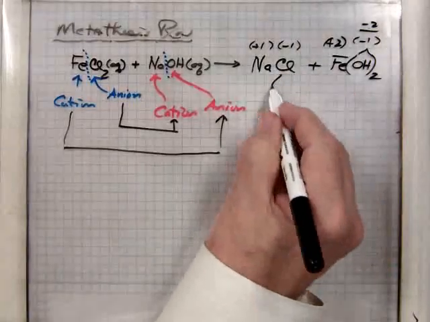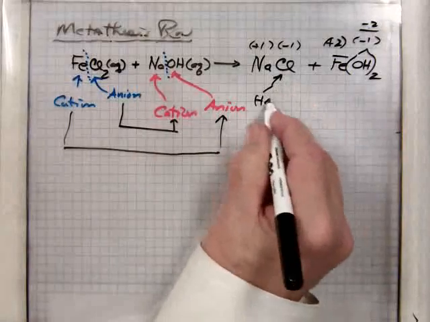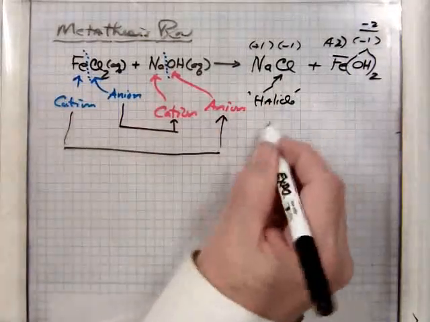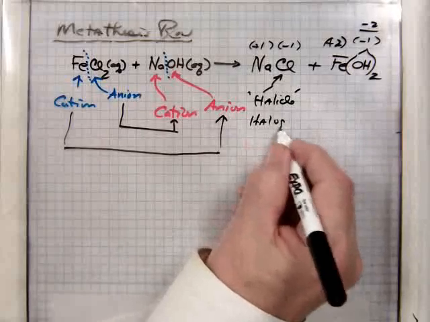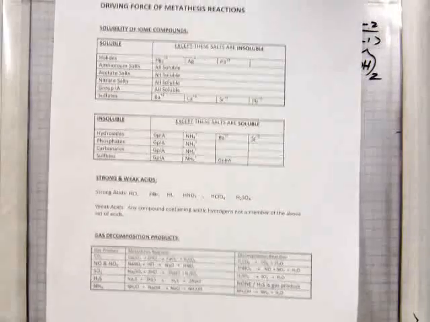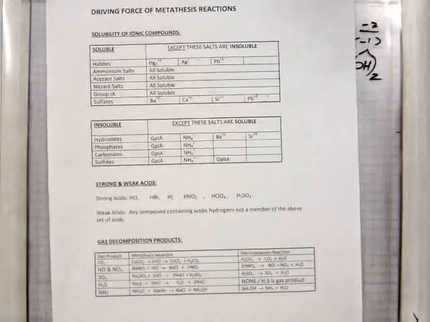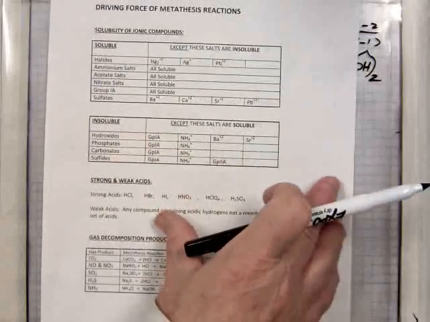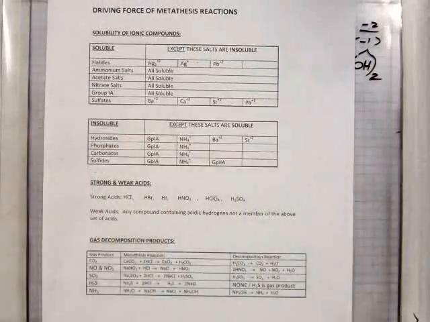This says this is a halide or halogen. So we look on this sheet and we find halogens or halides. Well, there are your halides right there. Halides are group 7, if you didn't remember that. Fluoride, chloride, bromide, and iodide, those 4.